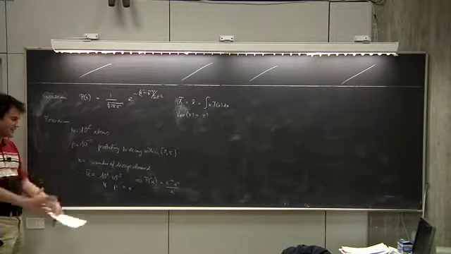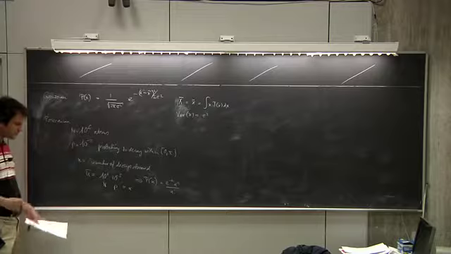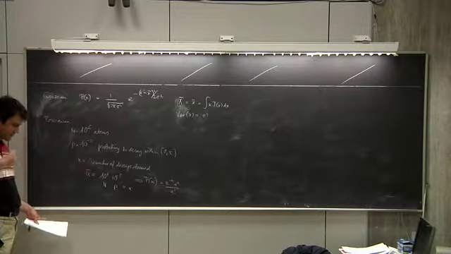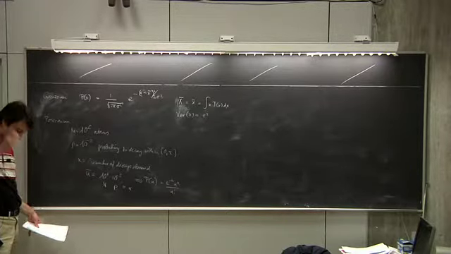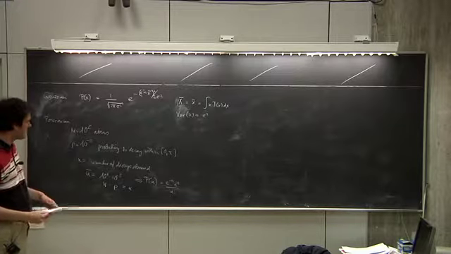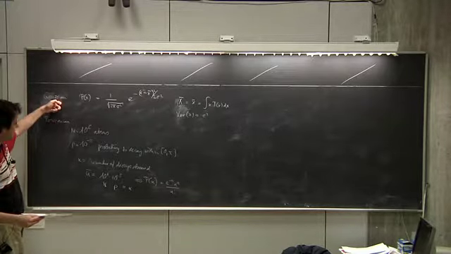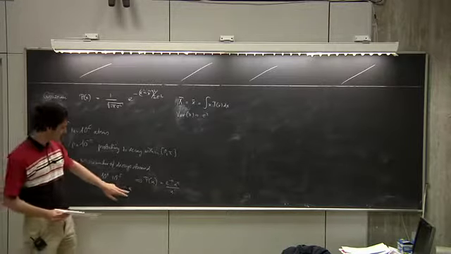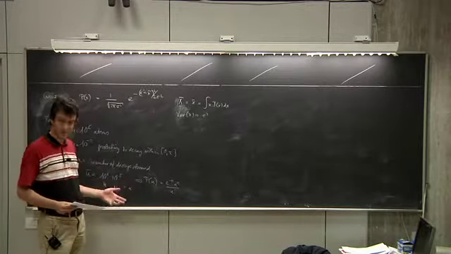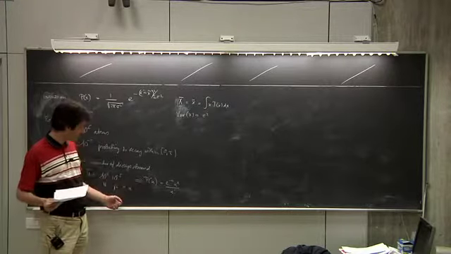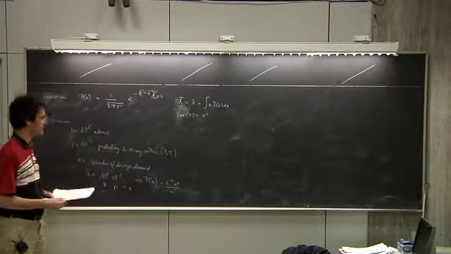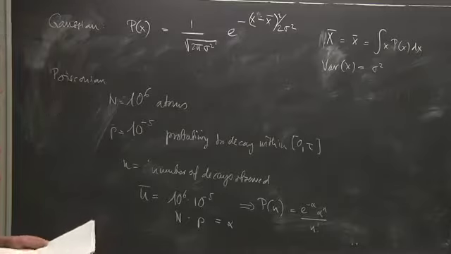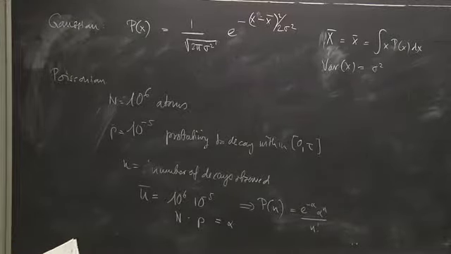So if you have a large number of things that happen and you sum over many independent events, independent raindrops that come, for example, then you get the Gaussian. If you have very few events, such that on average you get just a finite number but not something very big, then you get the Poissonian distribution.